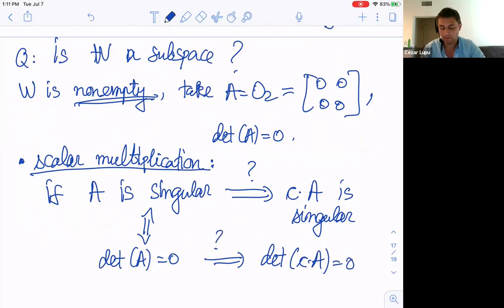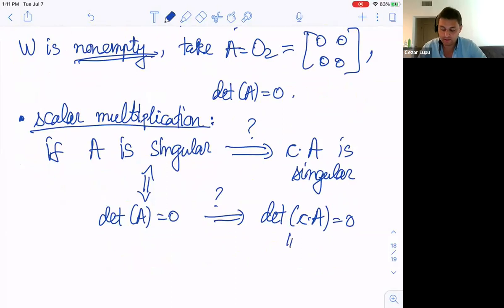Well, it's quite clear, right? Because the determinant of this is nothing else than, in our case, 2 by 2, C squared times the determinant of A, which will be 0. So this property is satisfied. Bad luck here.